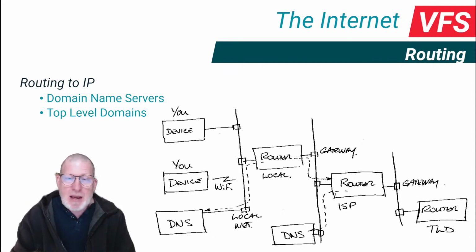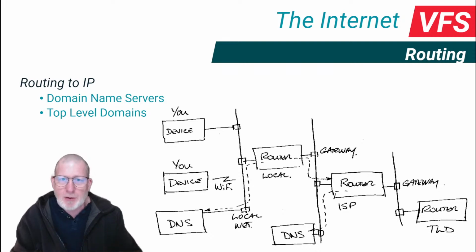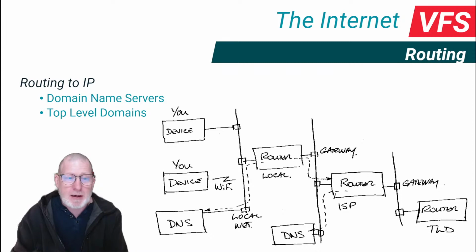And it gives it an IP address back. If that IP address is connected to that ISP router, it just goes ahead and routes your information there. If it's not connected to that router, which it typically isn't, the router passes the information on to its gateway. And so on, and so on, and so on, until you get to what we call a top-level domain.